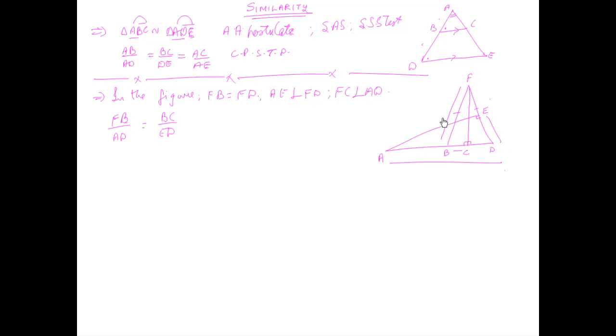So children, here we see the triangles that are formed, which are sides of the relevant things we need to prove. Children, it comes out to be this triangle FBC and triangle AED. Let's draw them separately, children.